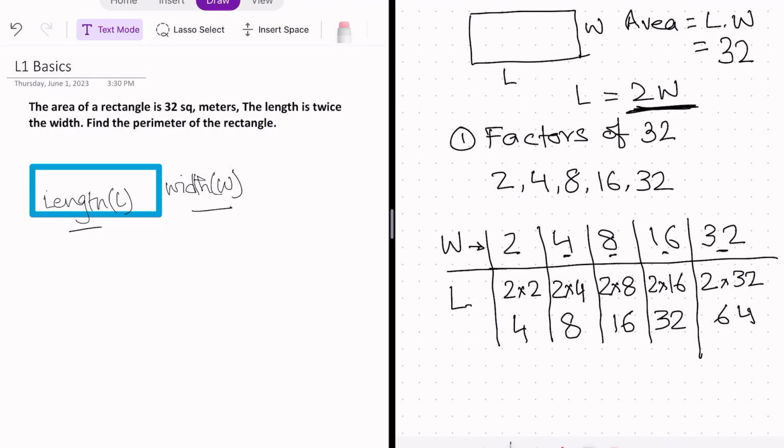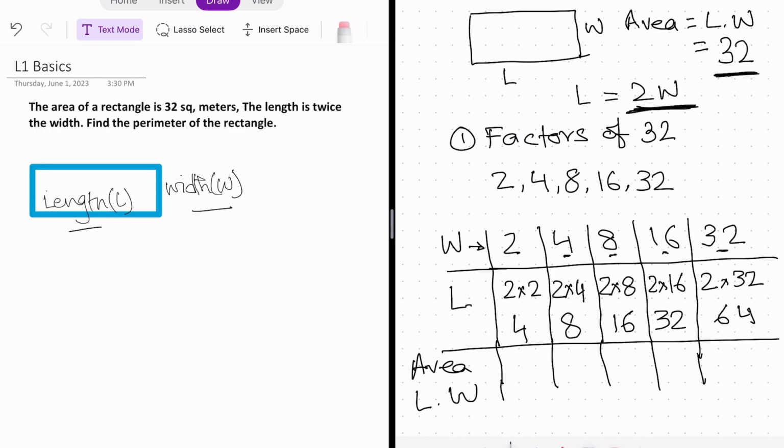But now we have been given a second condition, which is the area has to be 32. So let's find out what the area would be for each of these rectangles. Area will be length into width. From here length is 4 and width is 2.